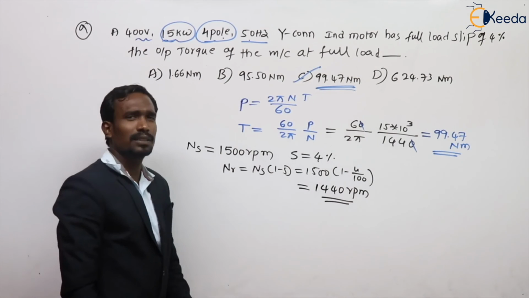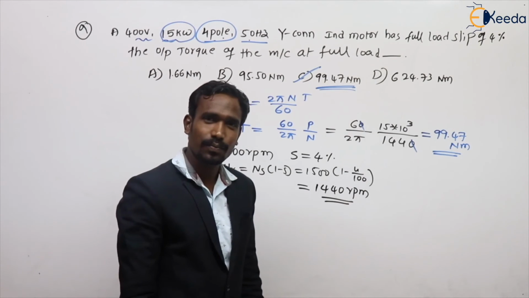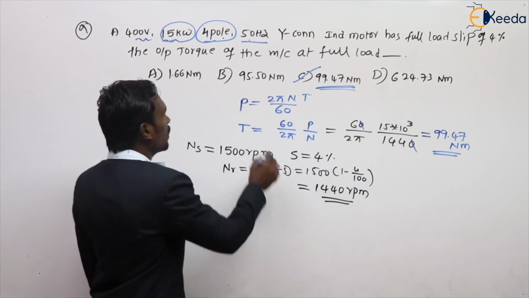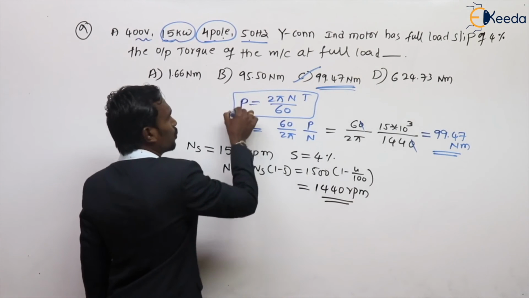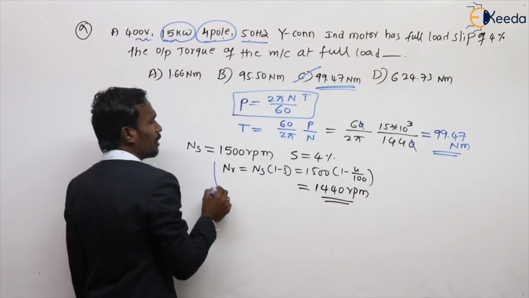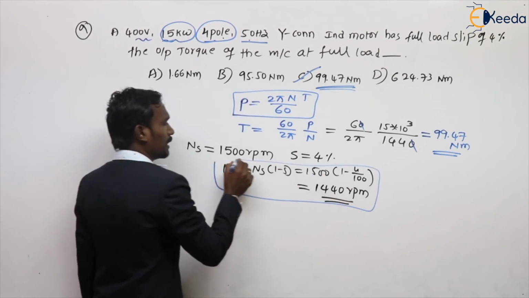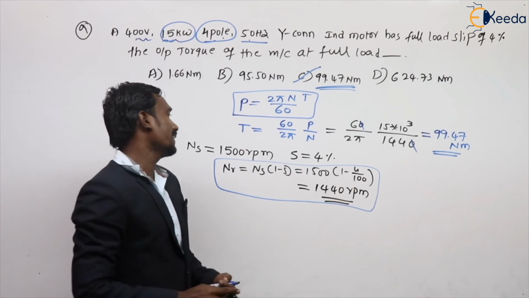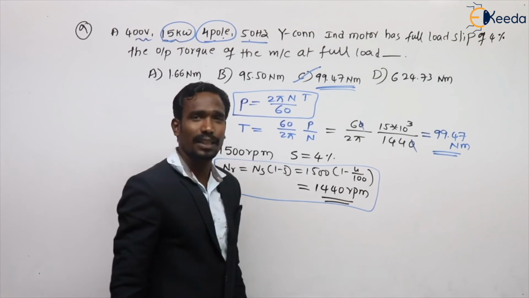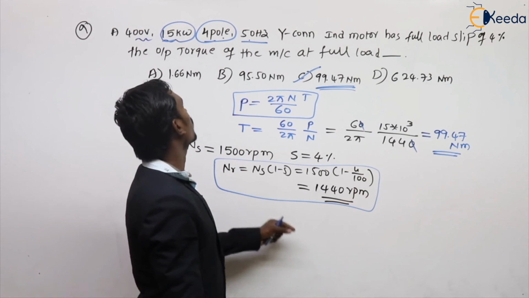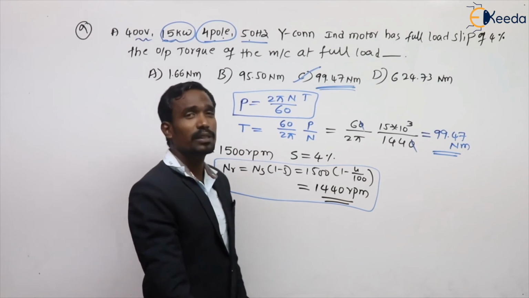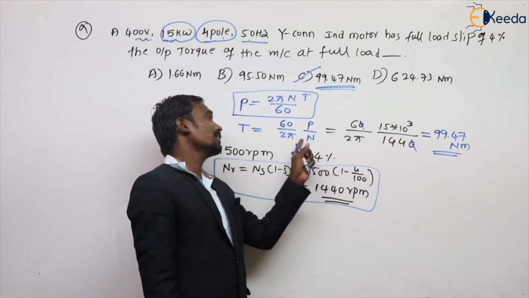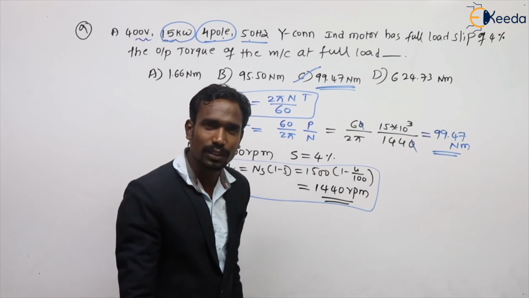That is the correct answer. Very simple question with the basic formula P is equal to 2 pi NT by 60, where we apply the NR value of 1440 RPM. This is a question on speed equations of the induction machine, from which we find the torque.